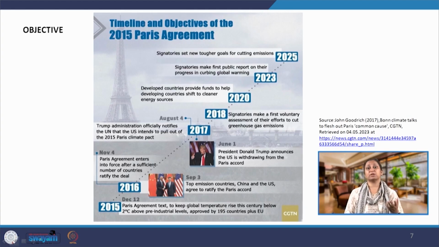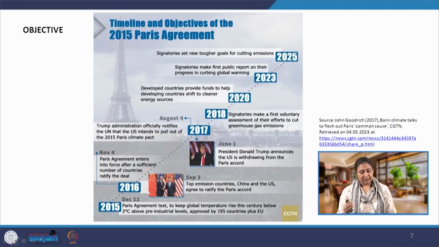So, largely investing in the cleaner energy mechanisms, and there is no buying credits for that. Certain projects could be under the flexibility mechanisms, but here it is kind of an obligation for developed countries to fund the cleaner energy projects in developing countries.